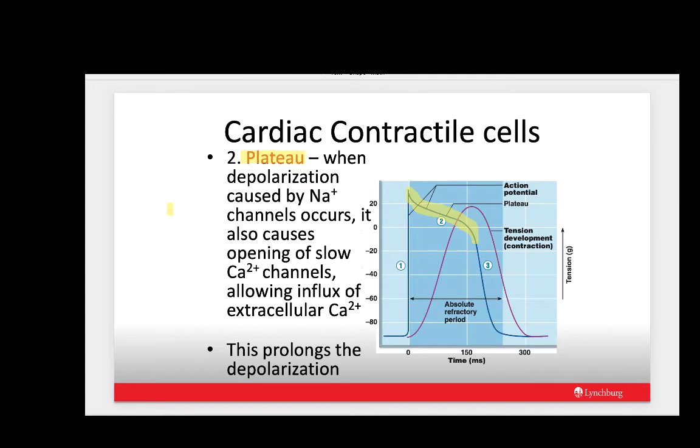What happens here is that the depolarization that was initially caused by sodium ends up being extended because we have an influx of calcium. We continue to have calcium flowing into the cell, prolonging our depolarization, so it results in this plateau portion of the curve.